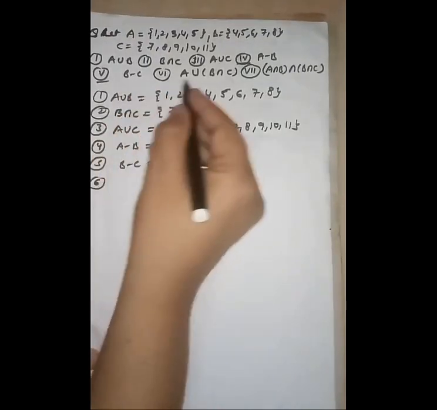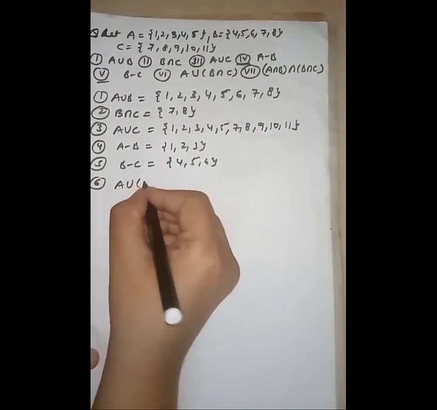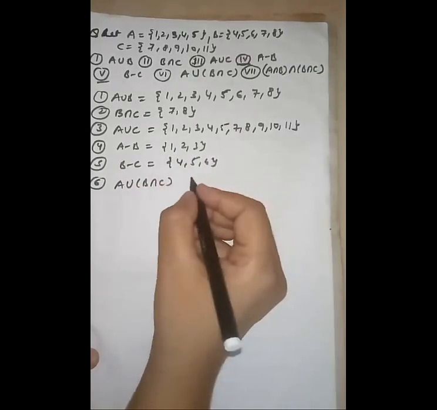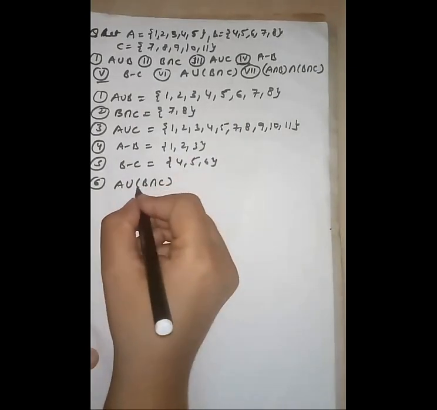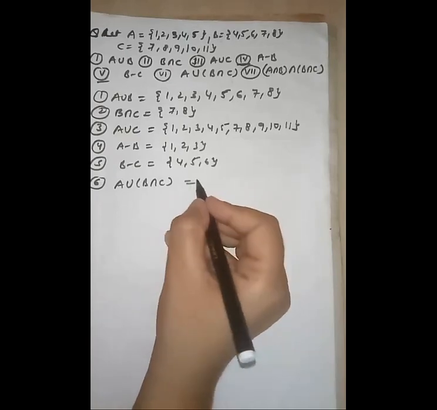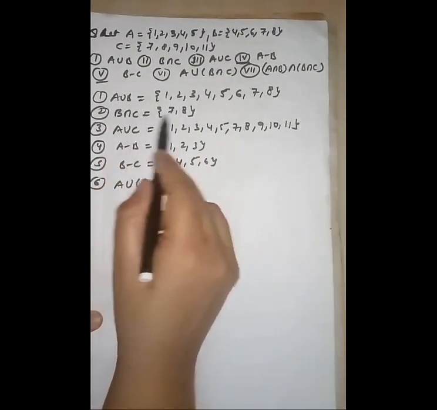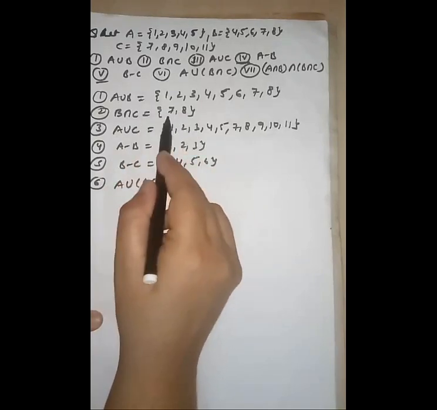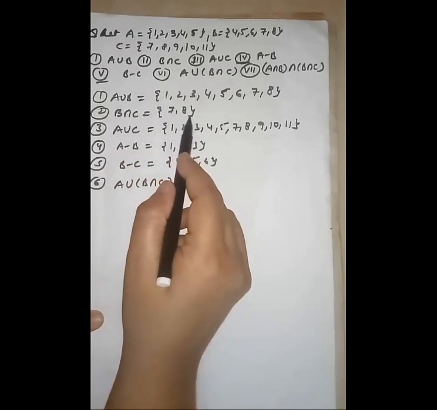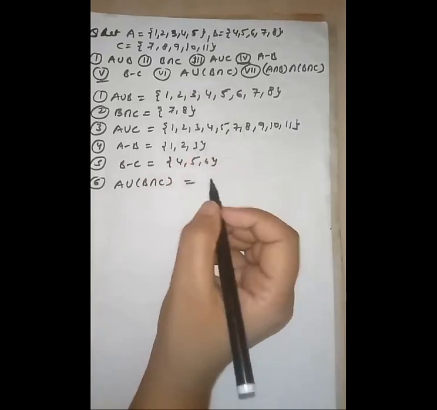Now sixth one is A union B intersection C. So firstly find the B intersection C. You can see the B intersection C you find before, it comes 7, 8.